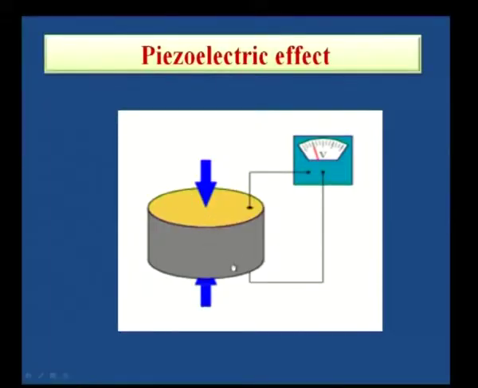When you apply pressure, you develop a voltage across the two faces across which pressure is applied. This becomes positively charged, this becomes negatively charged, so there is a voltage difference, a potential difference developed across the two faces.